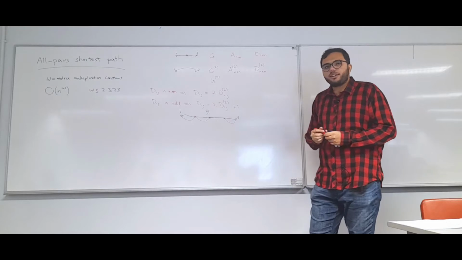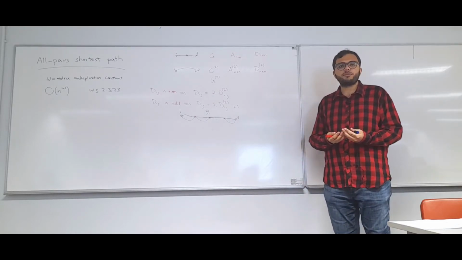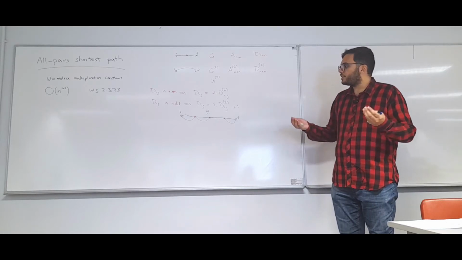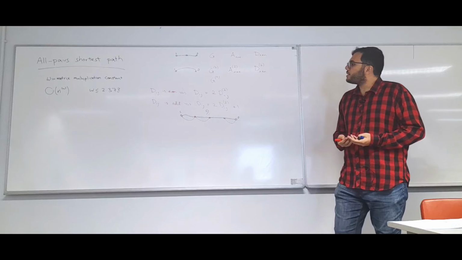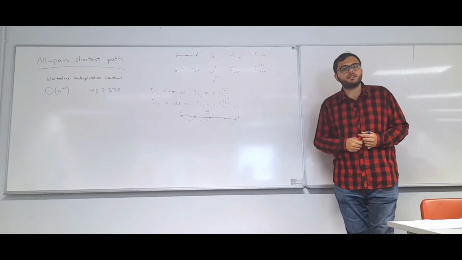And I continue this until at some point, my graph just becomes either a complete graph or all of its connected components become complete, right? Or another way of looking at this is that the distance between every pair of vertices is at most n.